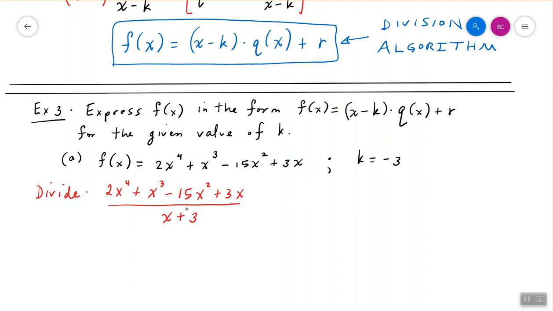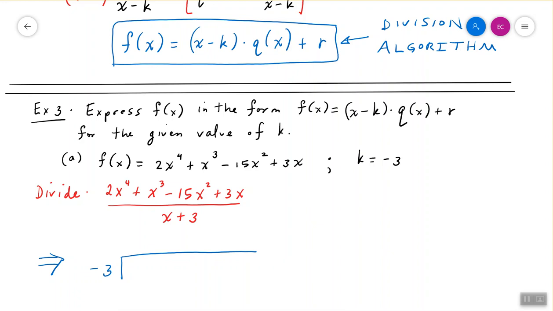So this is how we would have seen the problem at the beginning of the section, and now we have a new way to think about the same idea. The work is going to be the same. It's going to be the same synthetic division. Out in front of the house, we're going to put negative 3.